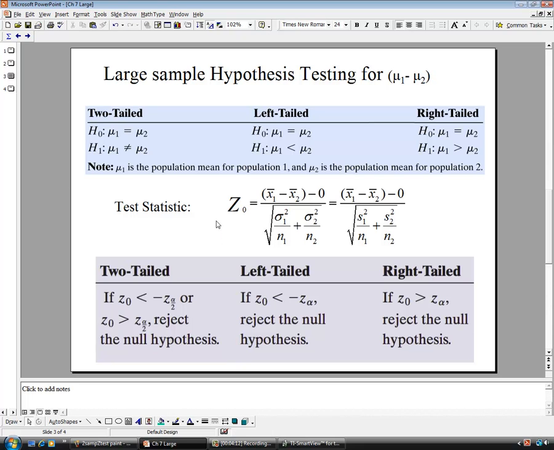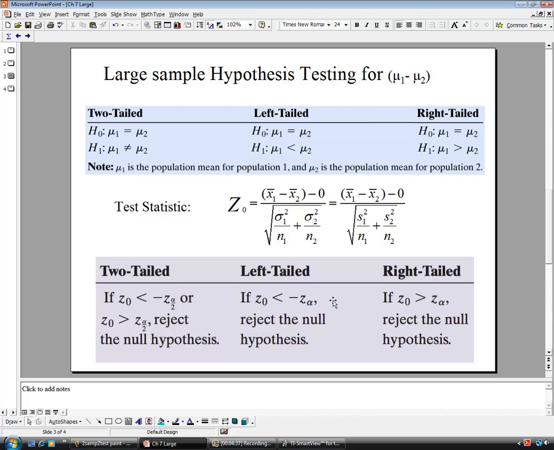So once we calculate the test statistic, we then compare it to our rejection region or regions. In a two-tailed test, there will be two regions. The lower threshold is negative z of alpha over 2. If it's less than that, we reject, or if it's greater than the upper threshold of z of alpha over 2, we reject.